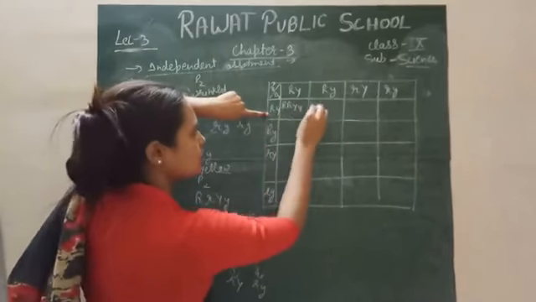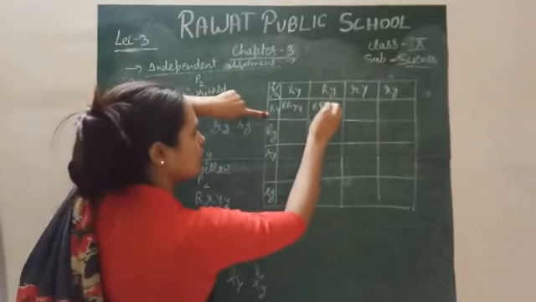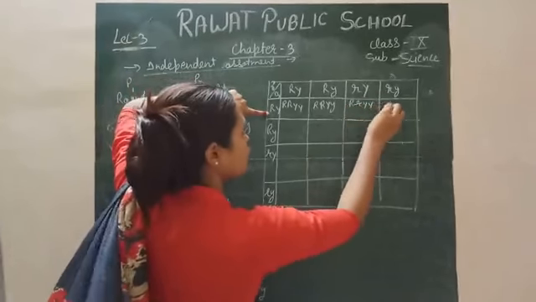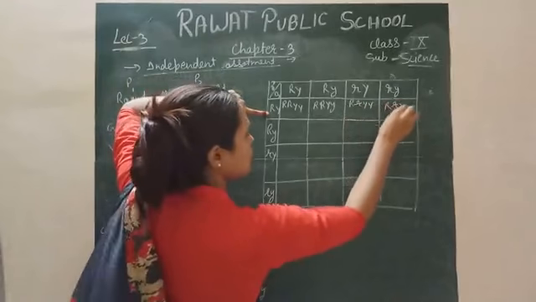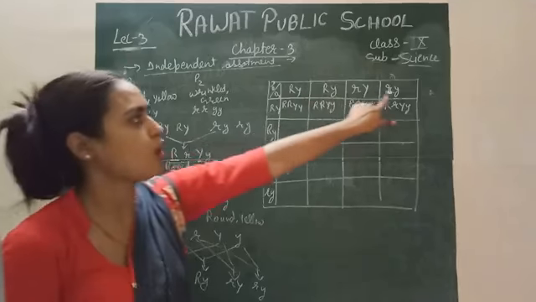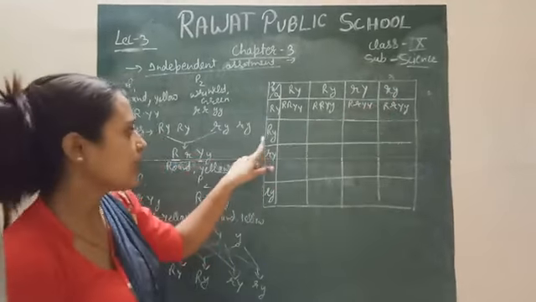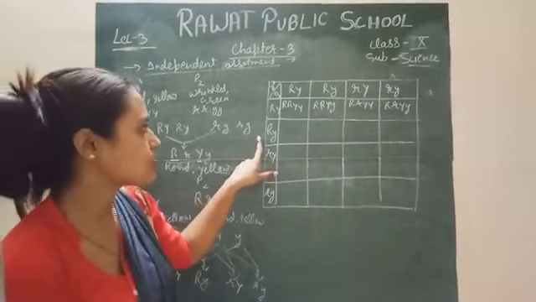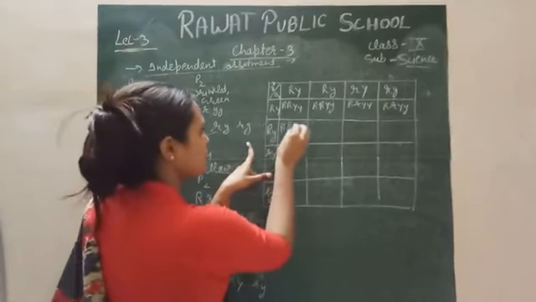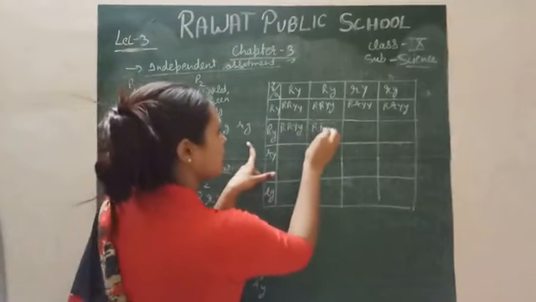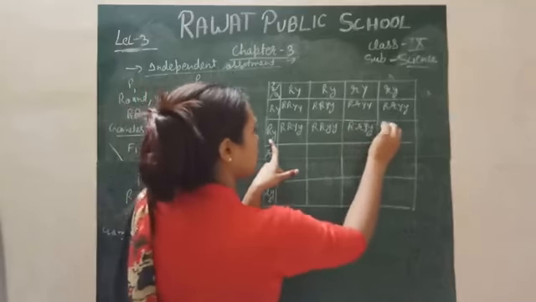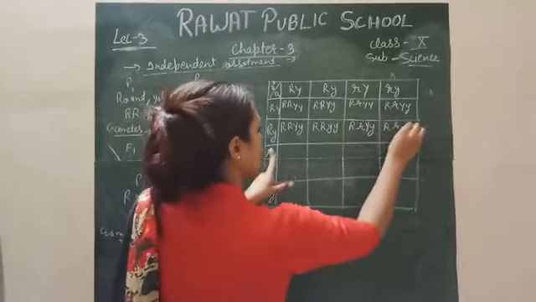This is the possibility. You can make this crossing on your own also. This is the possibility from this gamete. I will just cross this gamete with all these gametes of parent P1. Similarly, again I will cross this gamete with all these gametes of the other parent: R, Y, capital R, Y, capital R, small y.